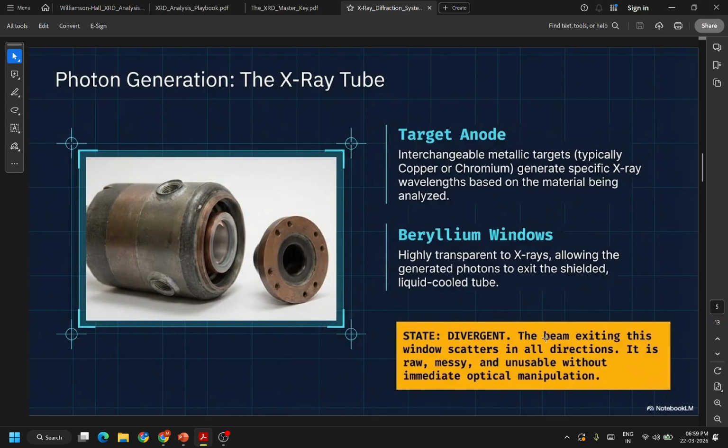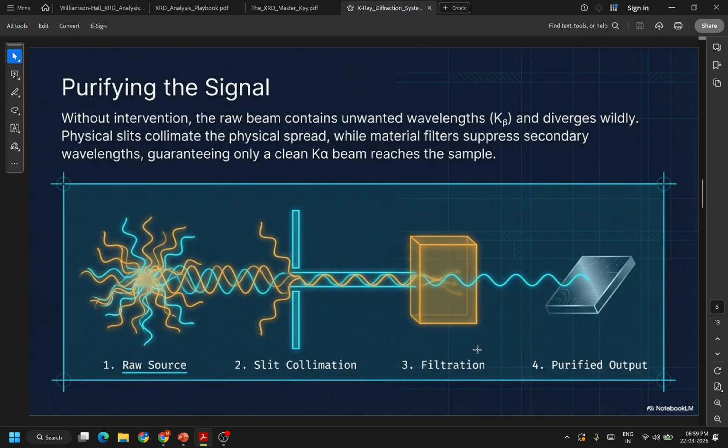The beam exiting the beryllium window is scattered in all directions, so it needs optical manipulation to become collimated. You have your raw source with multiple beams scattered in all directions.